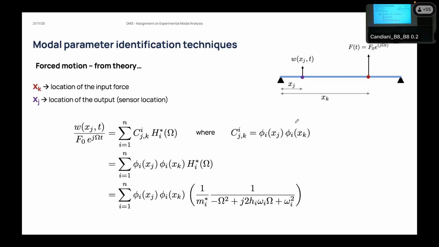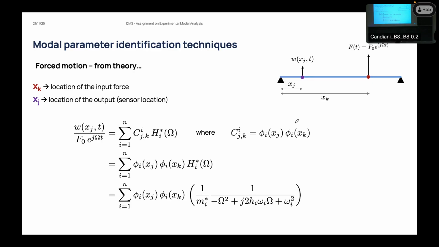Here it can be easily obtained as the output divided by the input, that is F0 times capital omega t. And this one can be just written as the same summation in which you have the coefficient Cij times the frequency response function.